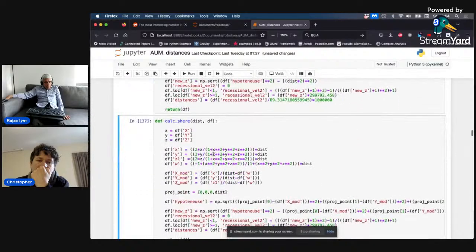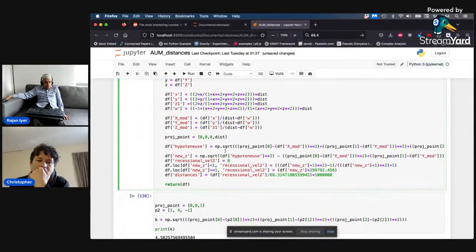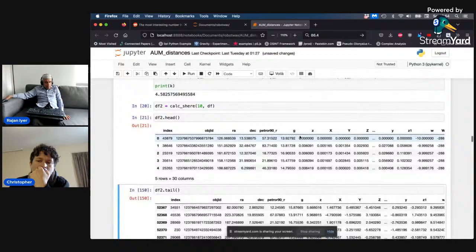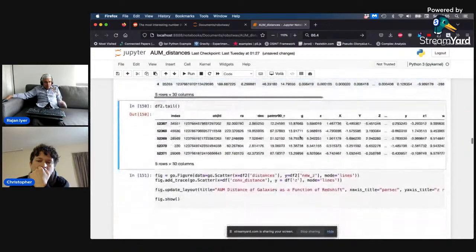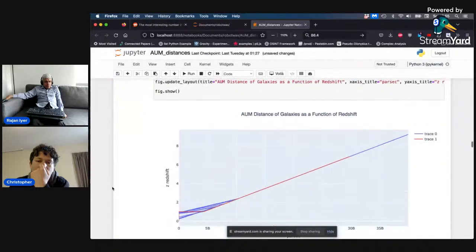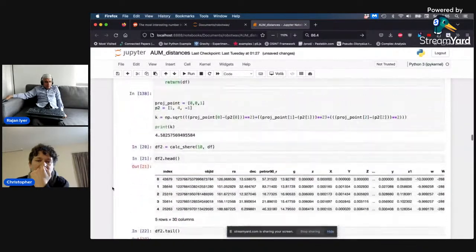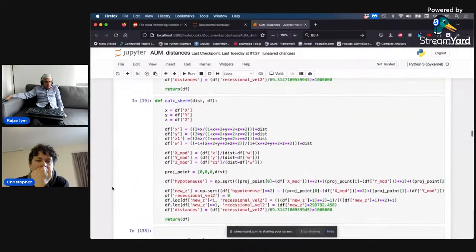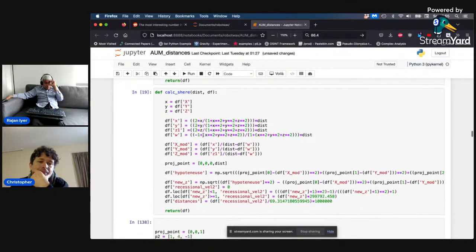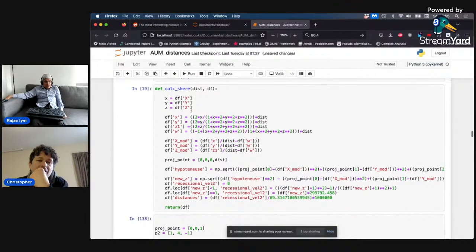Although that looks like it's only... let's try running this one then. Okay, that looks good in a sense. Yes, I believe that's correct. So we have the XYZ Cartesian coordinates for the galaxies.